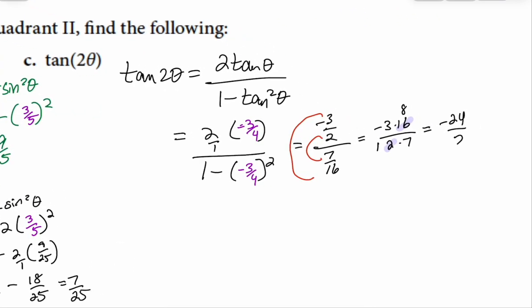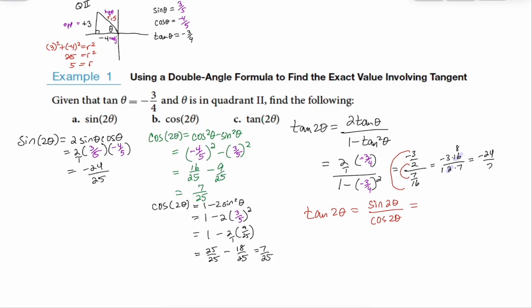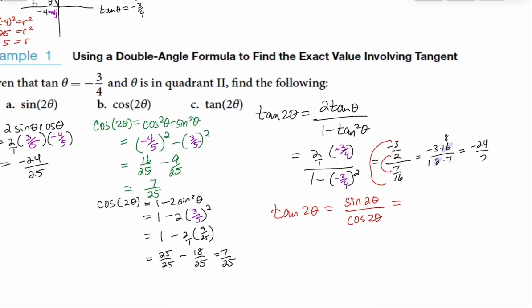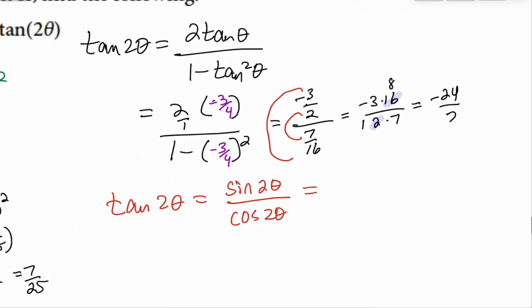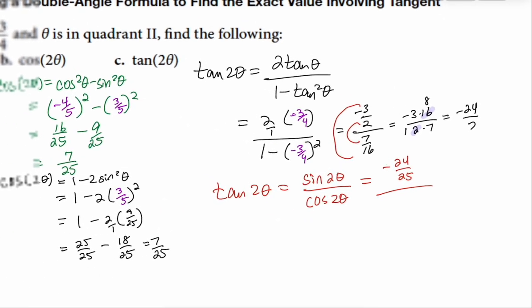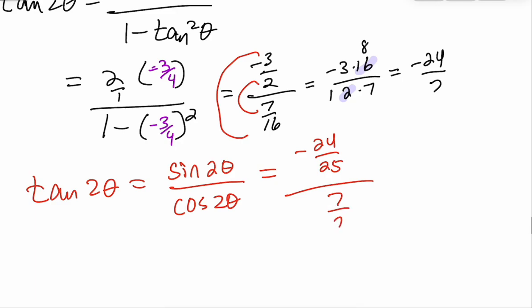Okay. Now let's go back and do the tangent of 2 theta using the information we found earlier, the sine of 2 theta over the cosine of 2 theta. We found that the sine of 2 theta was negative 24 over 25. We found the cosine was 7 over 25.